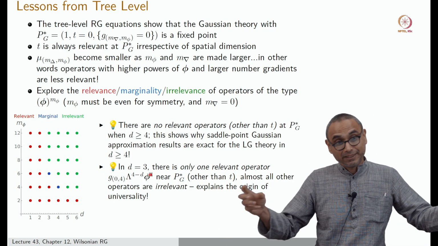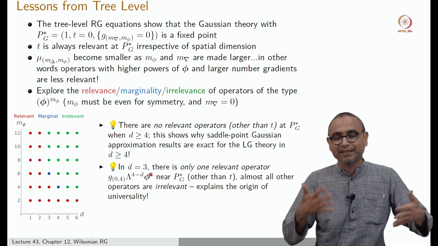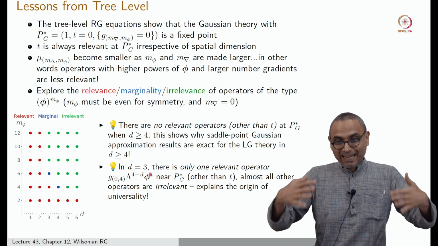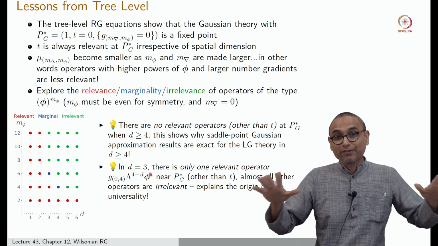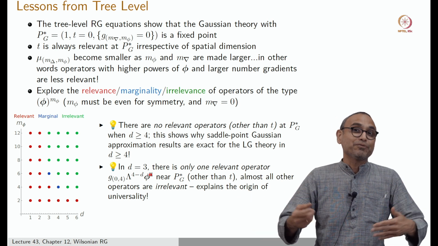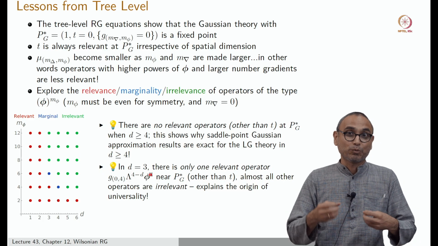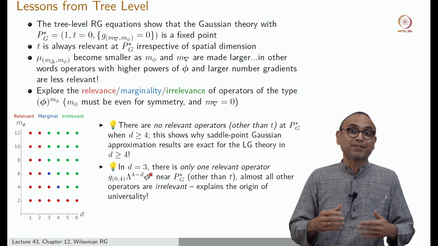So what happens is at the UV level there could have been many interactions in the Hamiltonian, etc. But the longer wavelength modes will see some effective action, or the effective Hamiltonian for the longer wavelength modes will have these few parameters which govern the physics.